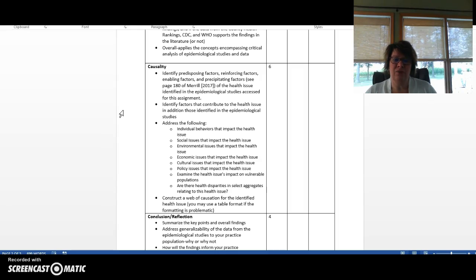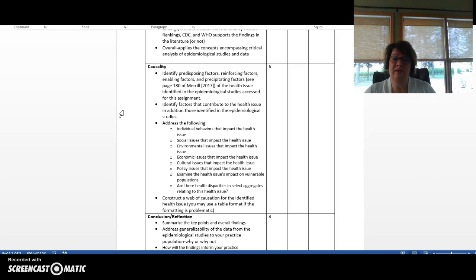In addition, you want to look at, like I said earlier, the web of causation and those multiple factors that actually impact health. And it's real important to look beyond individual behaviors and choices, because many times those behaviors and choices are the result of something else, whether it would be an economic issue or social issues involved, it may be policy.